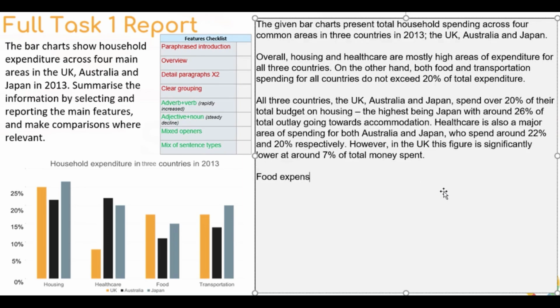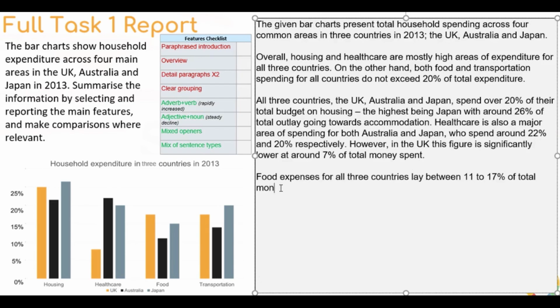Food expenses for all three countries lay between, is it 10? No, it's around 11, to, and I think the UK spends the most at around, let's say, 17. 11 to 17% of total money spent.